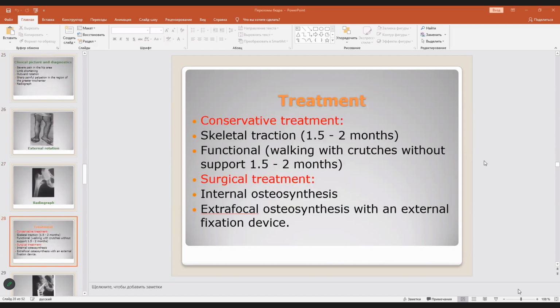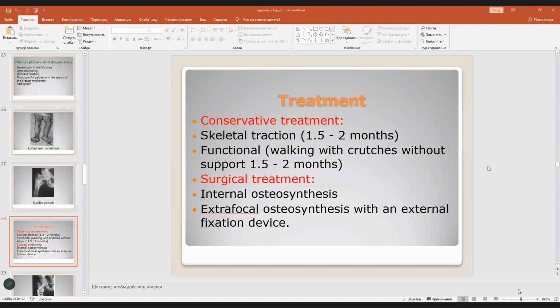Treatment. Conservative treatment: skeleton traction 1.5 to 2 months. Functional method: walking with crutches without support, similarly for 2 months.